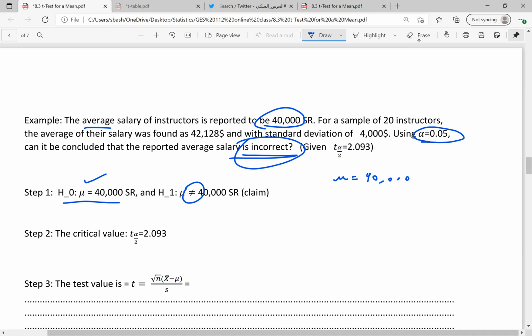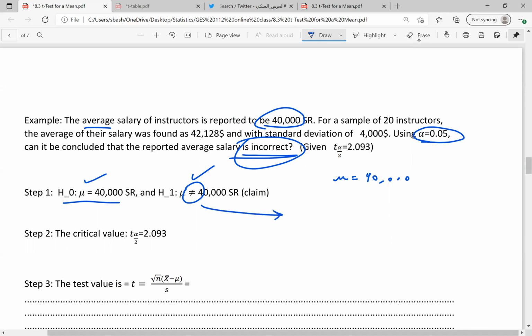Saying incorrect means it is not equal. It can be less, it can be more. This means that we have a two-tailed test. This is very important to decide which test we have to use. Is it one tail or two tails? Since it is not equal, it is a two-tailed test.